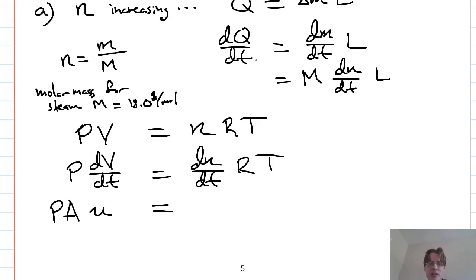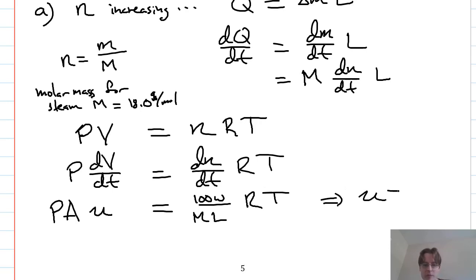So dn dt is 100 watts divided by molar mass of steam times L. And that's that times R times the temperature. And that's it. Now I can predict the speed. The speed is going to be 100 watts. Now notice also that P times the area is just F, the force of the steam.